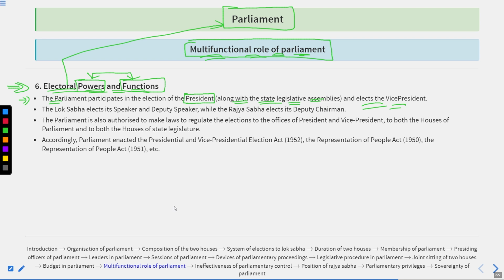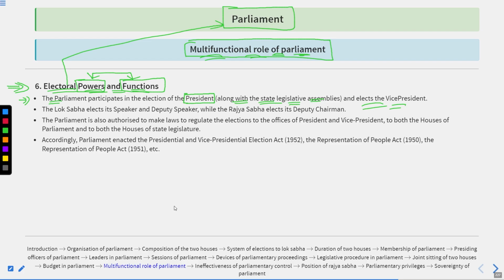So if we talk about parliamentary participation in the election of the President, there is another very interesting fact, and I will ask it as a question.